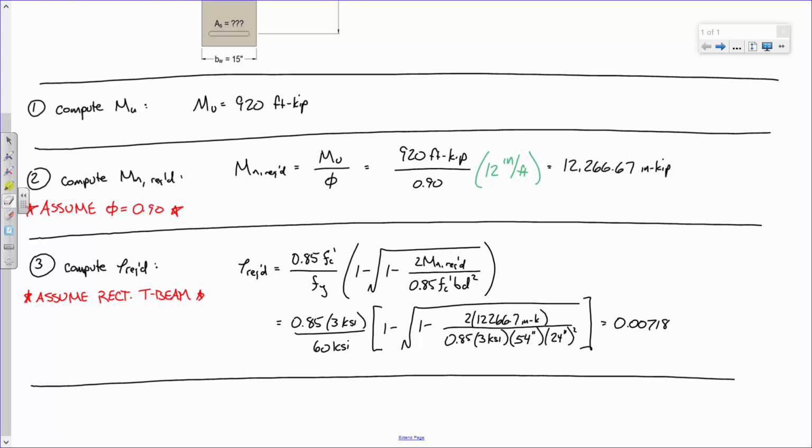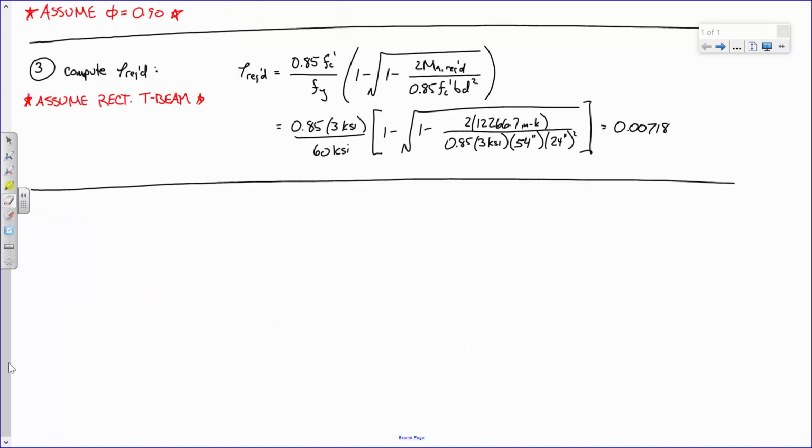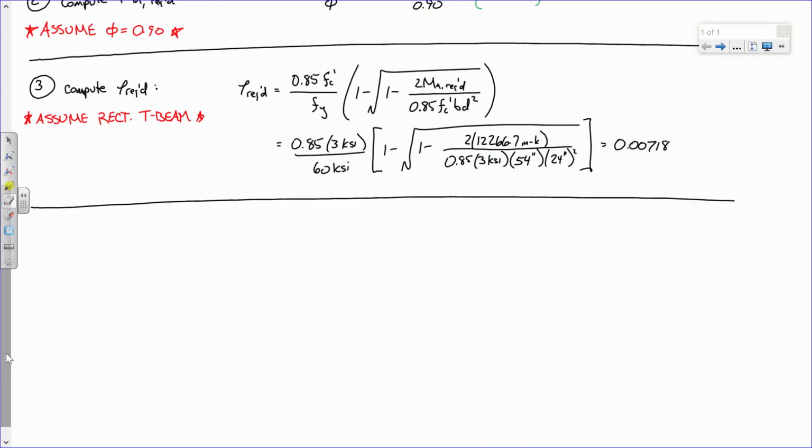Now, in order to verify this, I have to compute a. I'm running out of room on this. Actually, I've got this extend page thing. Let's just do that. So let's compute the resulting a. The idea is we're going to back calculate what a would be if we use that rho value.